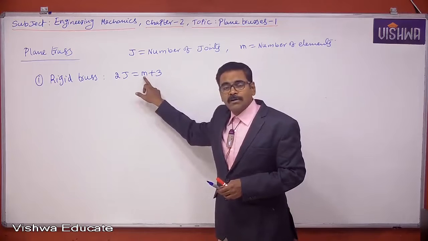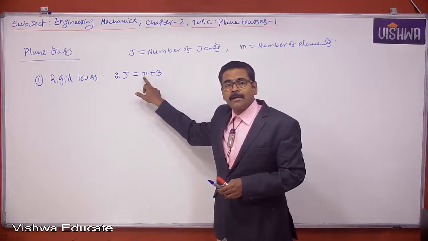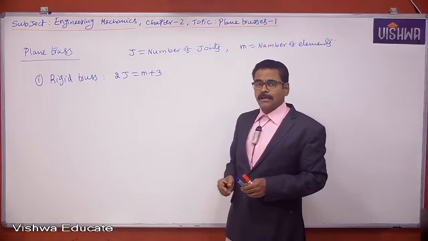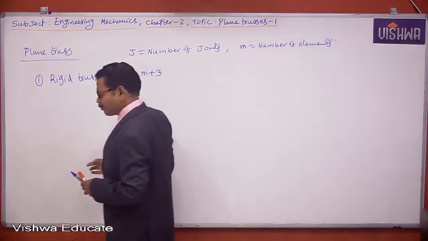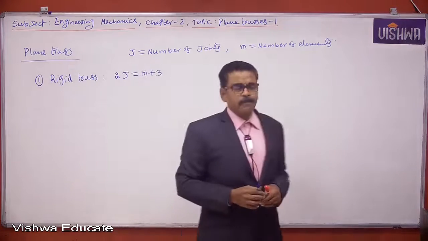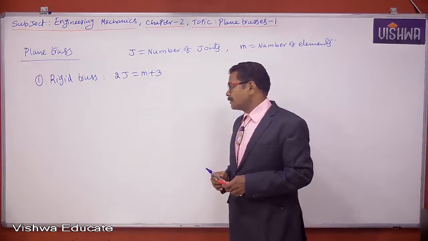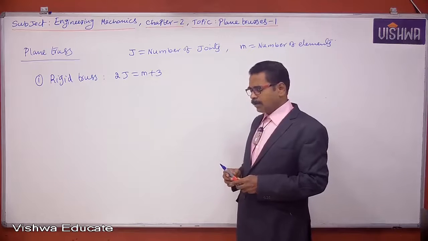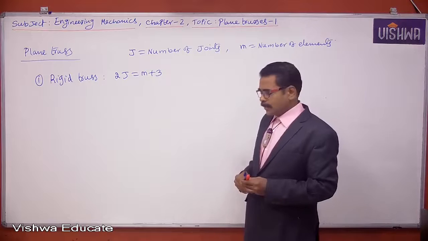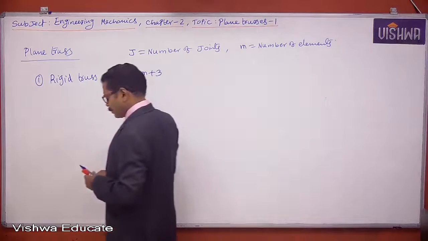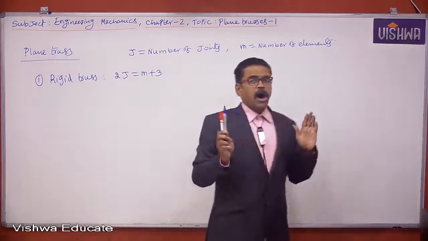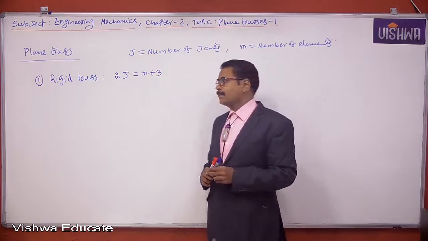When m is an odd number, then only you will get an even number. Odd number plus odd number, you will get an even number. So in all rigid trusses, the number of members in a truss should be odd. Write down this point. In all rigid trusses, the number of elements is odd.